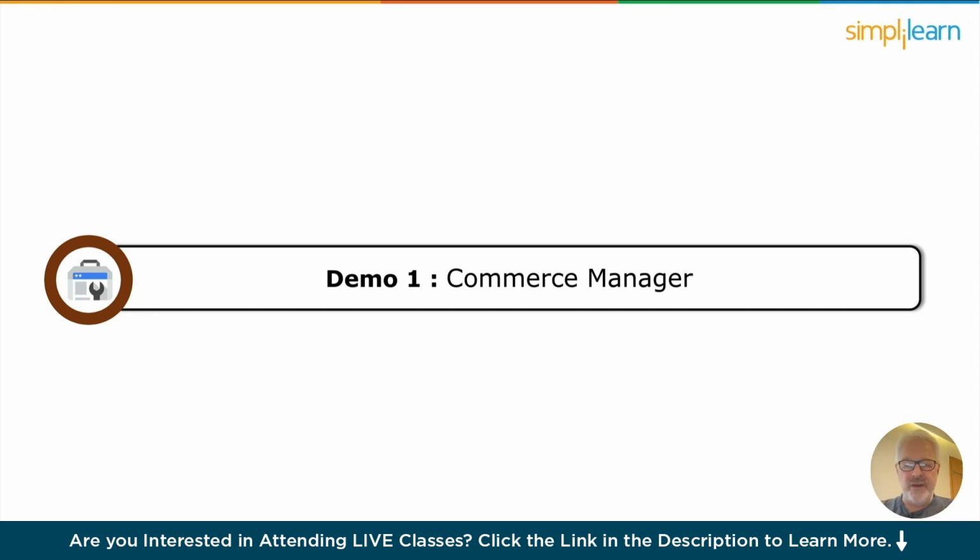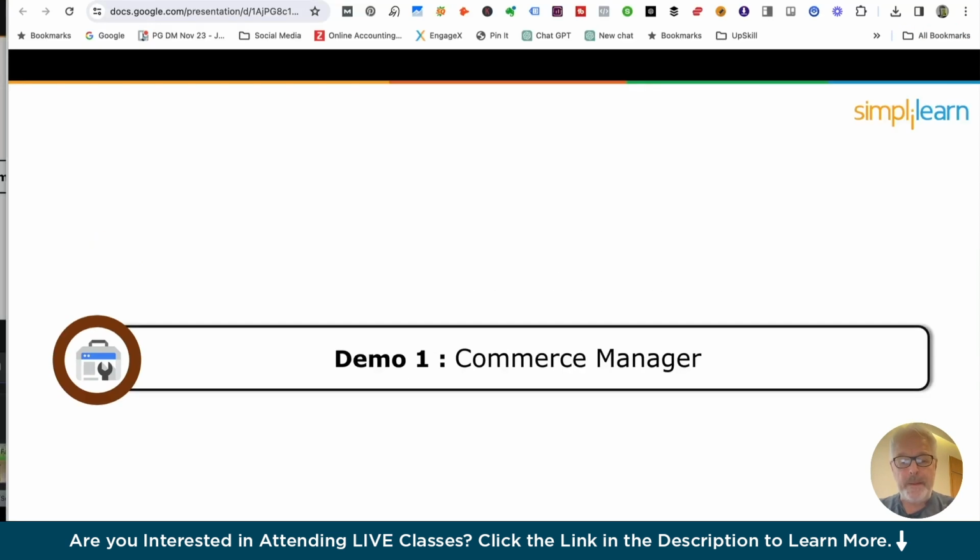By centralizing all e-commerce activities, Meta Business Commerce Manager helps you focus on selling your product through Facebook and Instagram. And that is, of course, a fantastic opportunity to add an additional sales channel to your current sales operation. So let's get into the demo.